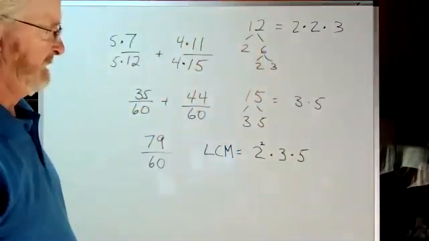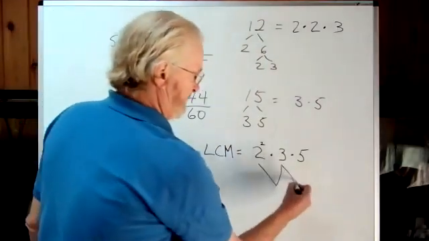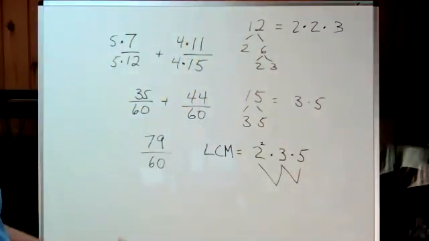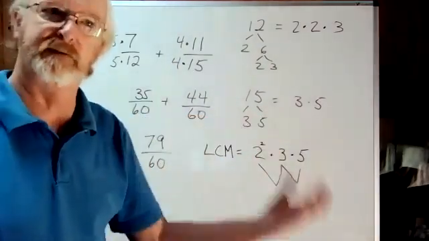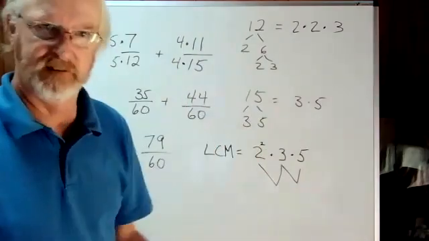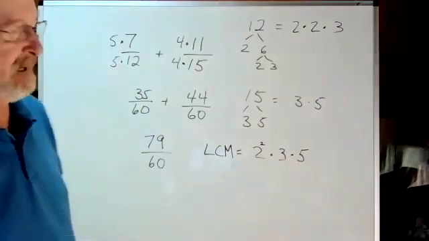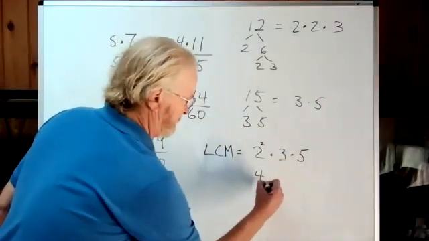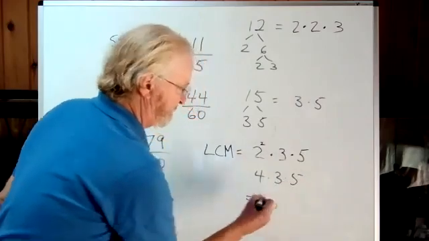This one's kind of nice the way it lines up, because I can say, see, there's the 12 and there's the 15. So I've got all the building blocks necessary to make a number that I can fit 12 into and I can fit 15 into. So now I've got all the factors I have to use. 4 times 3 is a 12 times 5, and we get to our 60.